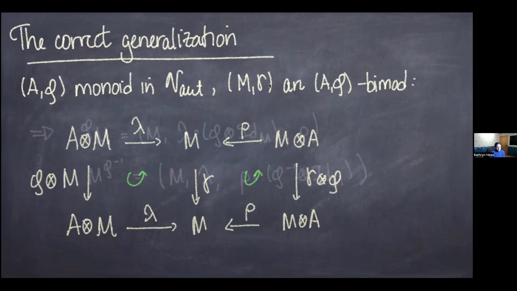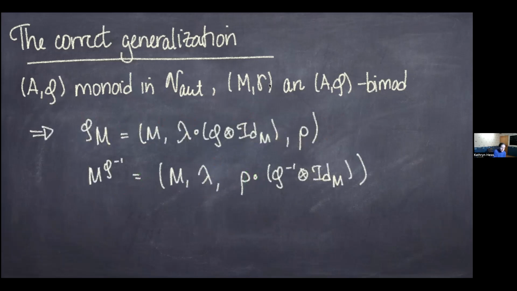And what I can do is use this automorphism phi of A to twist the action. So instead of considering M itself with lambda and rho, I'm going to twist the left action by phi, for example, apply phi first and then use lambda. Or I could equally well twist using phi inverse, which is also an automorphism, and then apply the right action.